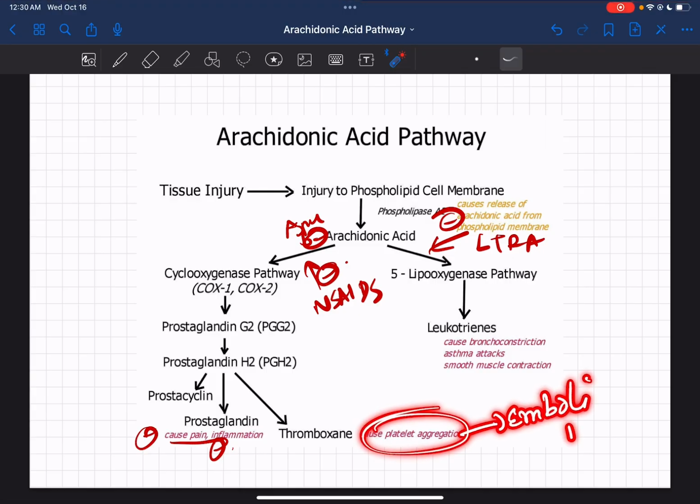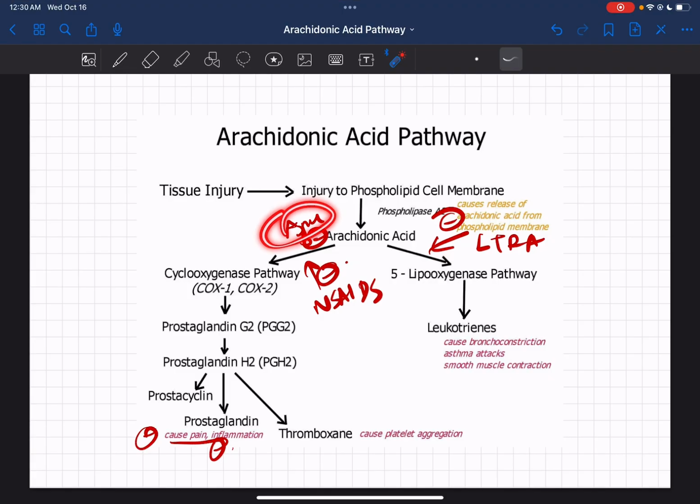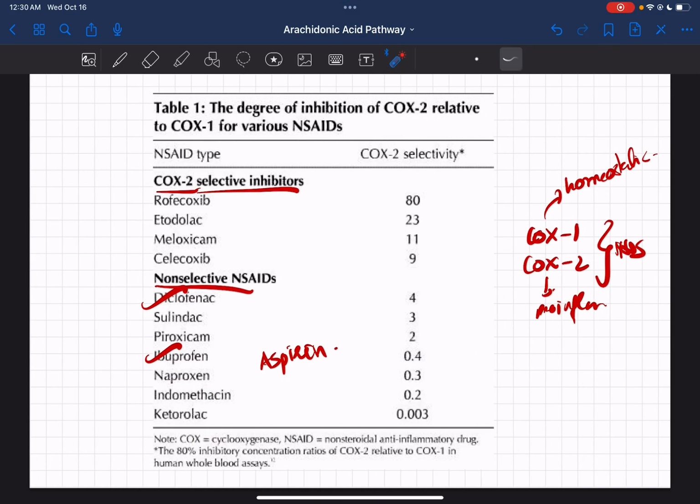And if there are emboli, there is a chance of heart disease, thromboembolic stroke and all those things. So that's why old people who are at risk of developing strokes or blocks take aspirin as a prophylactic precautionary dose. It inhibits this pathway, and as a result thromboxane is reduced and platelet aggregation is reduced. Okay, that's how it's clinically applied.